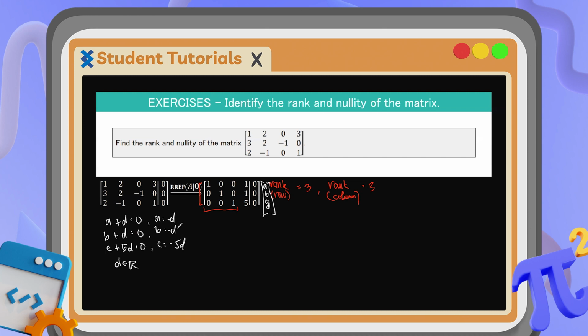And from there, we can create the null space by taking D as the constant, multiplying it to negative 1, negative 1, negative 5, and 1, where D is again a real number. Therefore, when we get this vector, this is actually your null space.